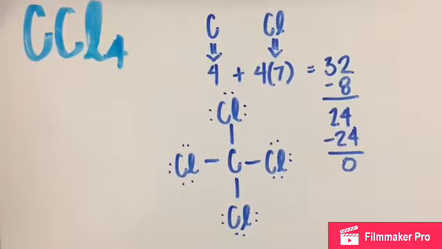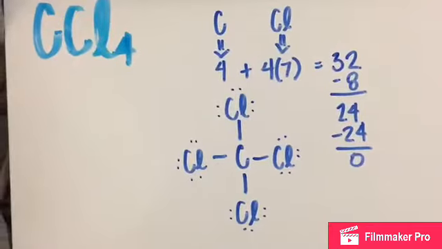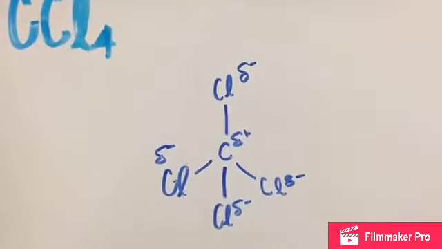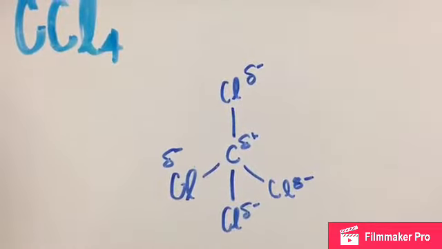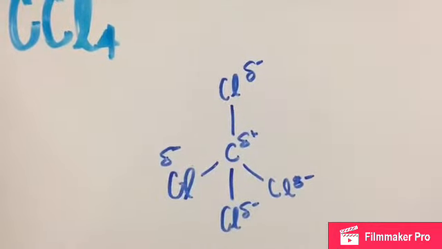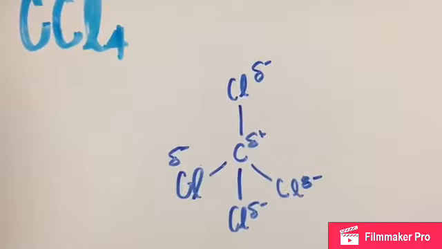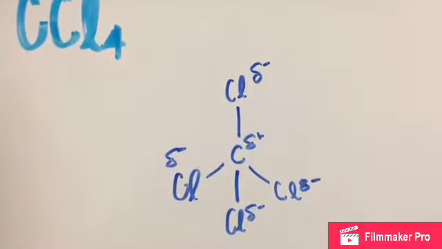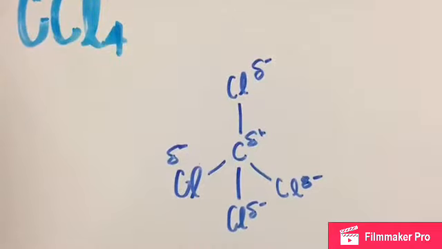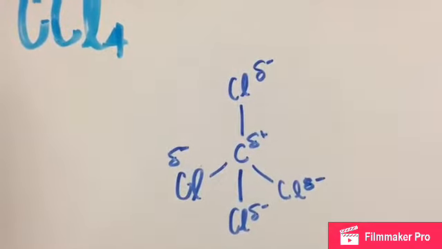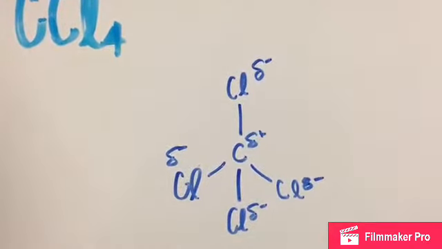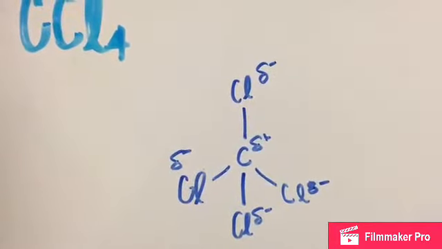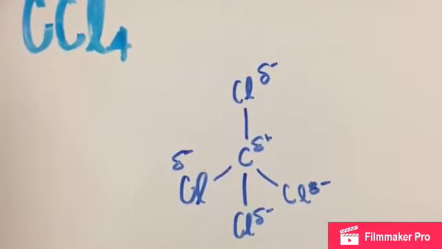So now we can look at the domain and molecular geometries. We see again that the chlorine atom is more electronegative than the carbon atom, so the electrons will float towards the chlorine atoms, giving them a partial negative charge, and the central carbon atom will have a partial positive charge.